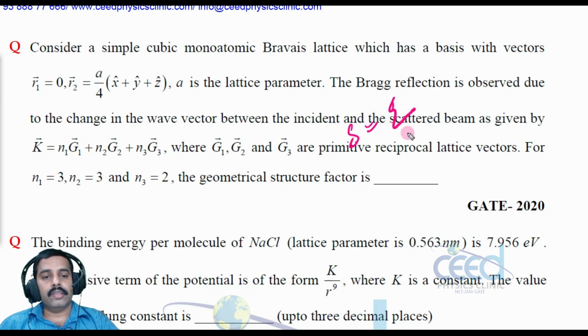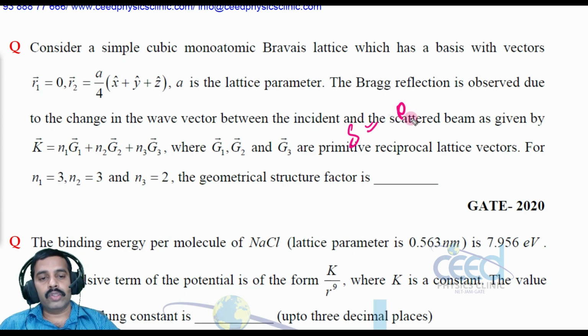sigma. So this is in simple cubic, right? Simple cubic structure. So we need not take this sigma because the effective number of atoms in a simple cubic crystal is equal to 1, right?